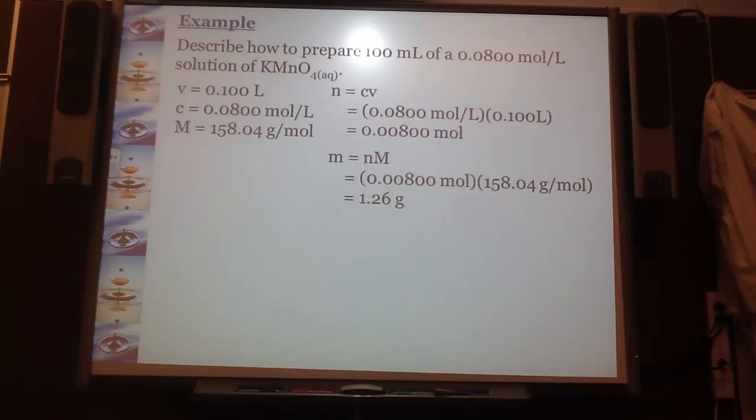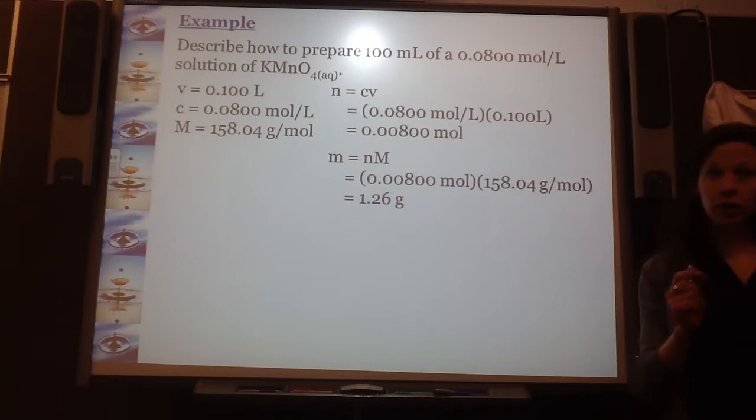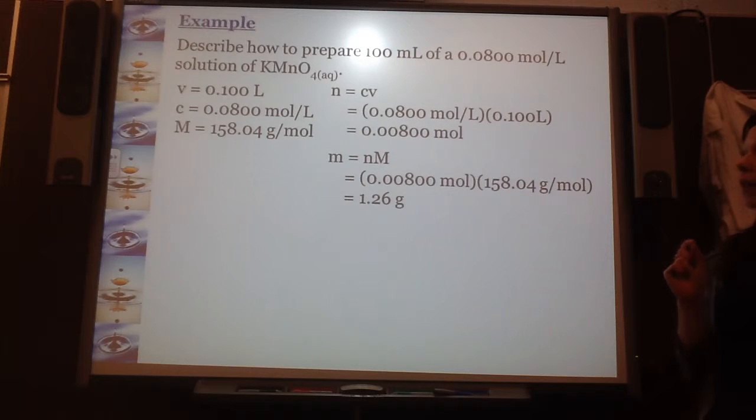And you get 1.26 grams. So now this is just kind of the legwork to do this. This is just the calculations, but they're not done here because let's read the verb that it gives us in the question.